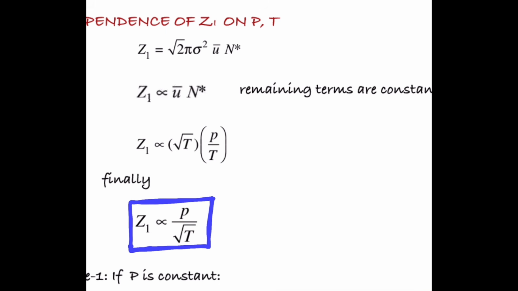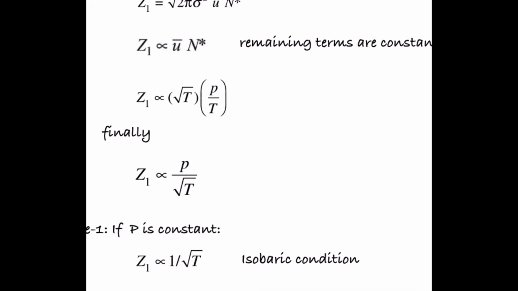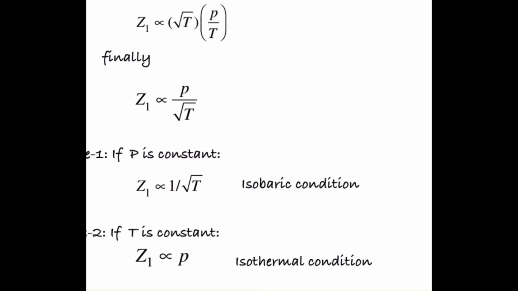And you have to take three cases. In the first case, if pressure is constant, then Z1 is inversely proportional to root over absolute temperature.